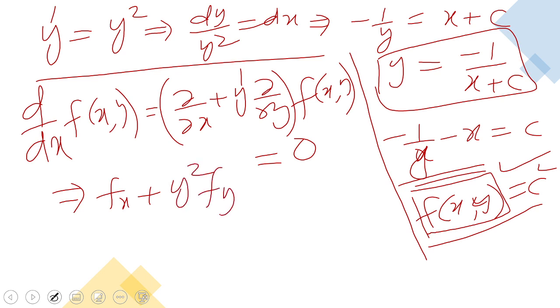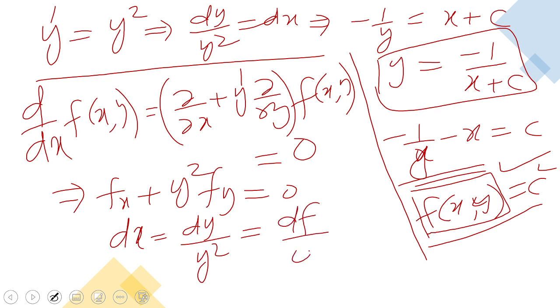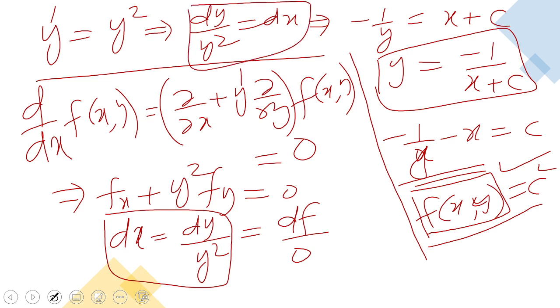That is dx equal to dy over y square equal to df over 0. You see this is the same thing as over here, and you will get the same answer: y is equal to minus 1 over x plus c.